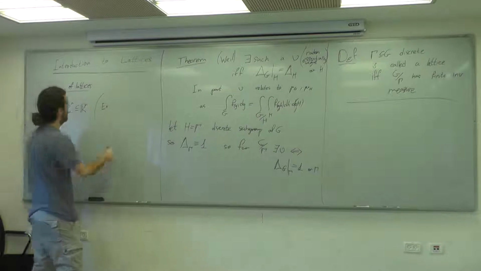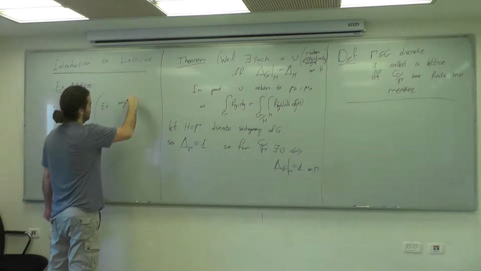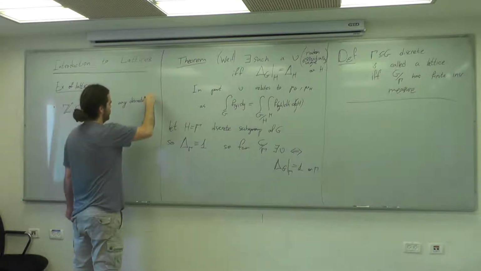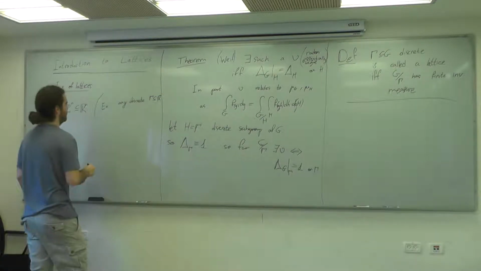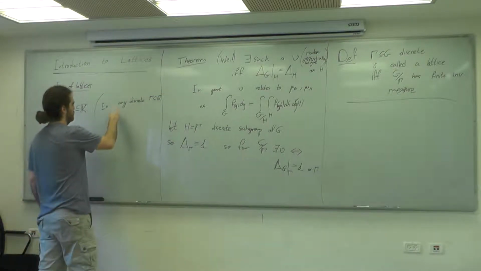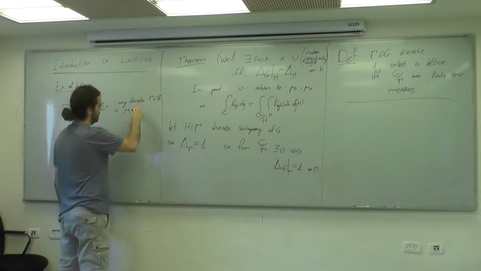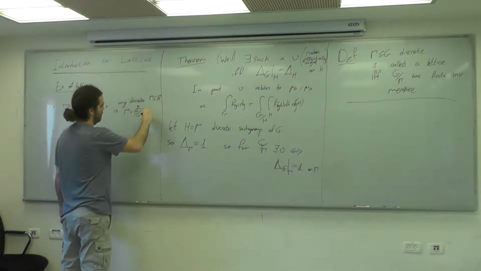An exercise is that any discrete gamma in R^n is of the form gamma equals the direct sum from i equals 1 to k of Z v_i.